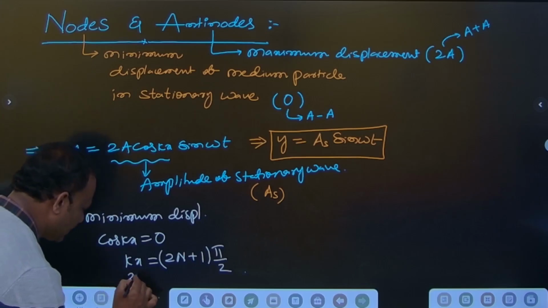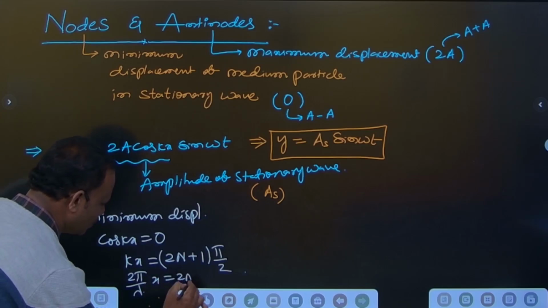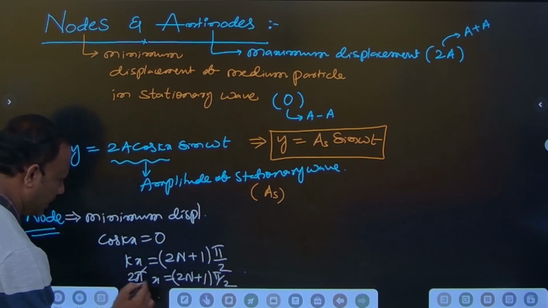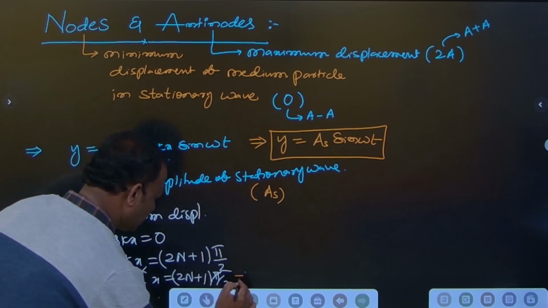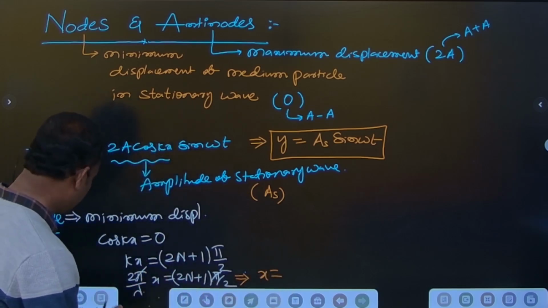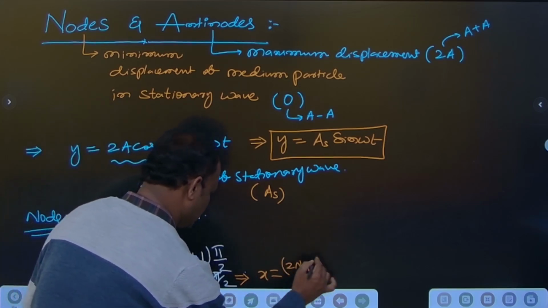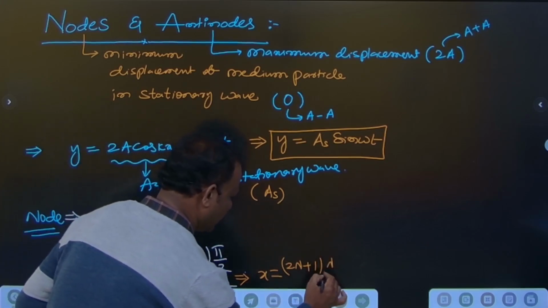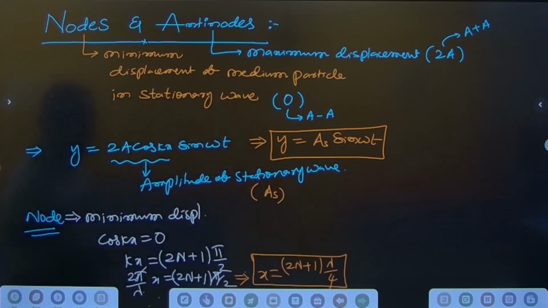K means 2 pi by lambda, so 2 pi by lambda into x equals (2n plus 1) into pi by 2. For problem solving, pi and pi cancel, so x is the distance at which nodes are formed: x equals (2n plus 1) into lambda by 4.